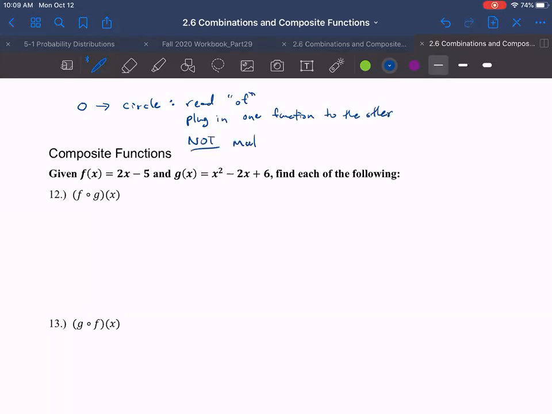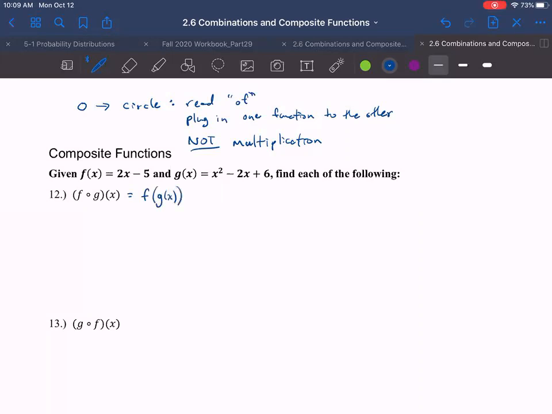This isn't multiplying like on the previous page. It's not multiplication like what was on the previous page. So this is f of g of x.